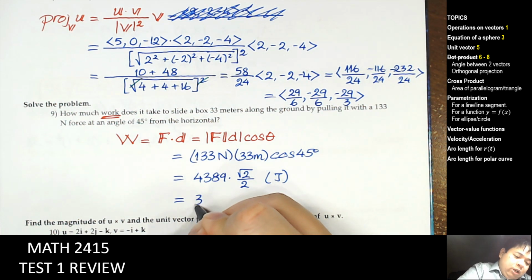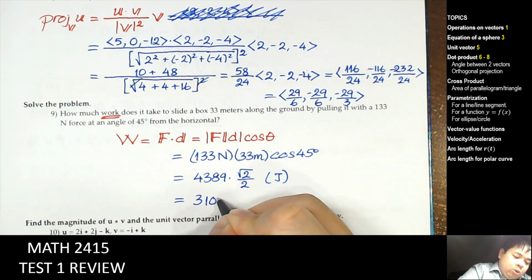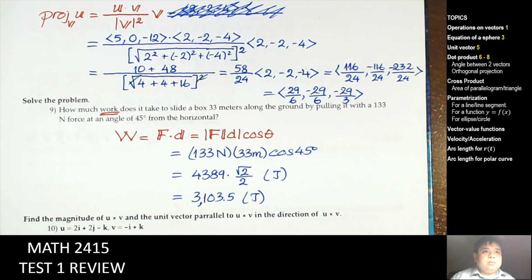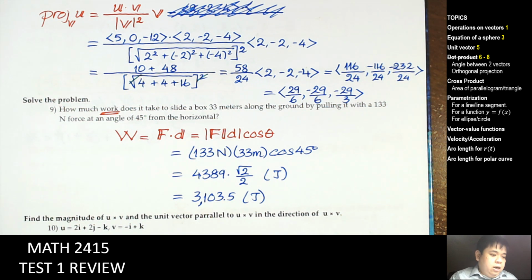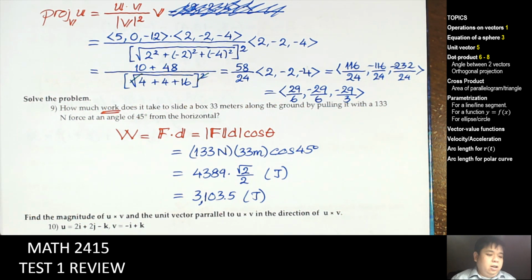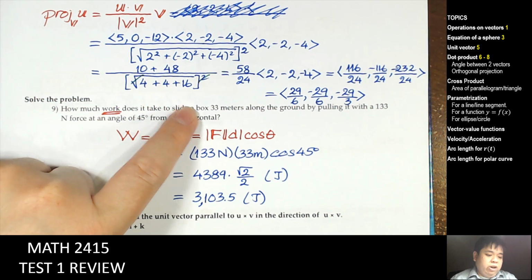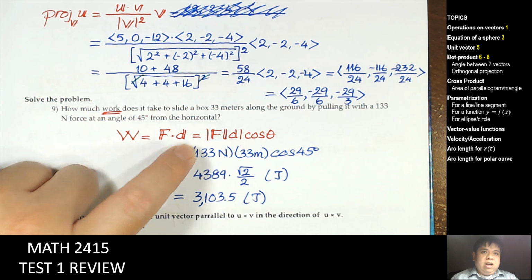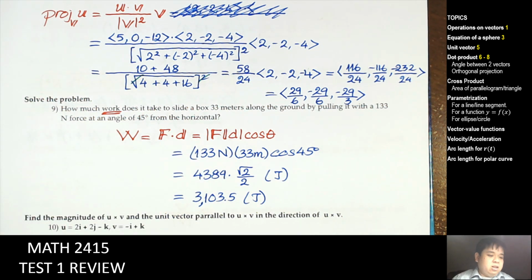It is about 3,103.5 joules. Right. So that is work. The work done by the force moving an object in the vector D, displacement vector D. Right. So that is that.